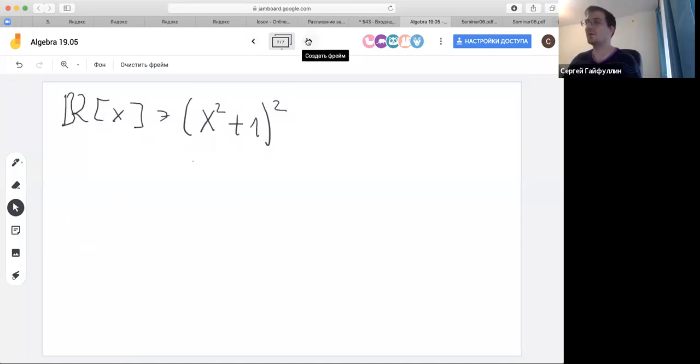So this is reducible, but it has no real roots, because of course we know that there is no x such that x squared plus 1 equals 0 in real numbers.